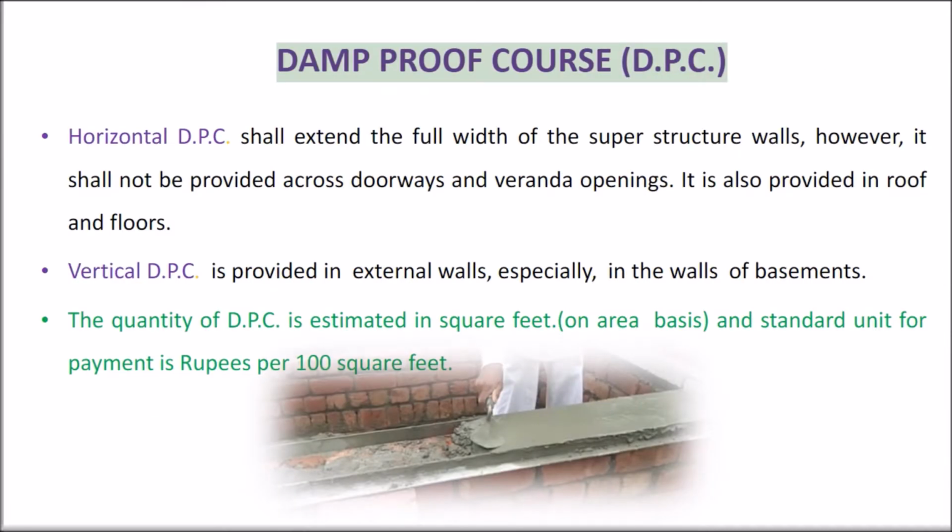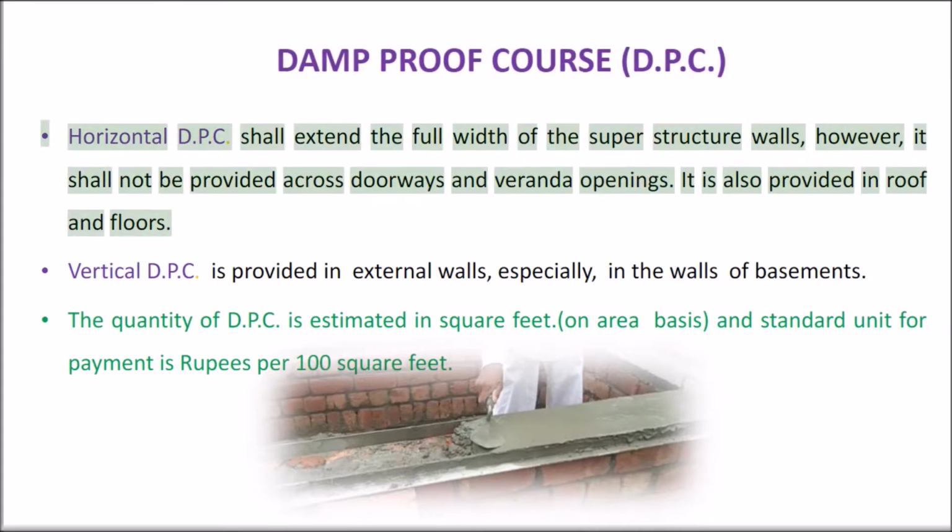Damp-proof course, DPC. Horizontal DPC shall extend the full width of the superstructure walls, however, it shall not be provided across doorways and veranda openings. It is also provided in roof and floors.